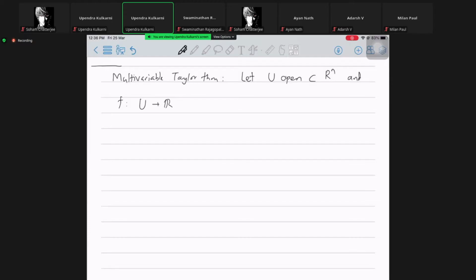Okay, so a CM map for some m greater than and suppose I have this point A, which is a reference point which is given. So I'm going to approximate f in some neighborhood of this point. So given some point A in W, let me first write down. So what is the kind of thing that we want to write? F of A plus H is equal to something, right?